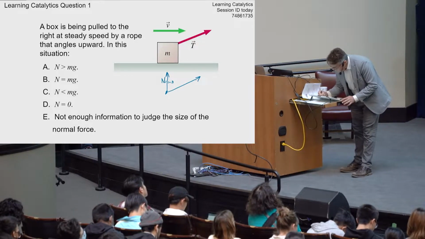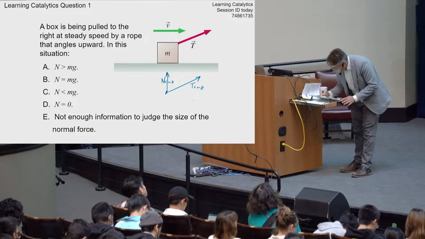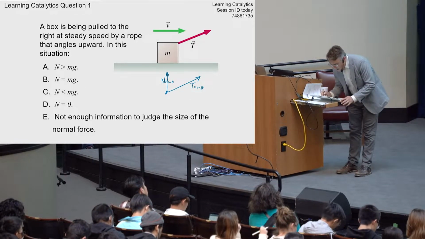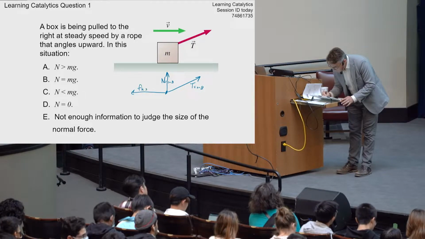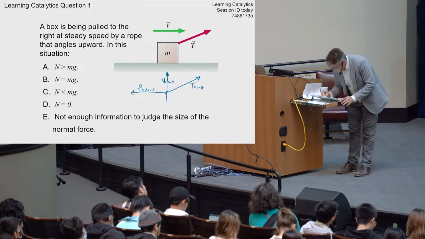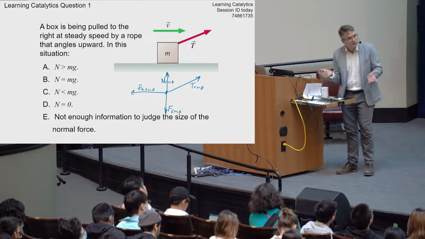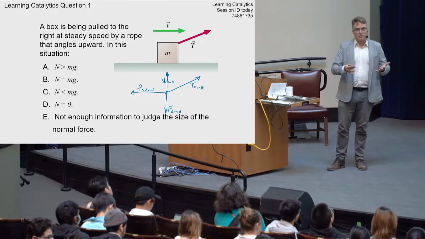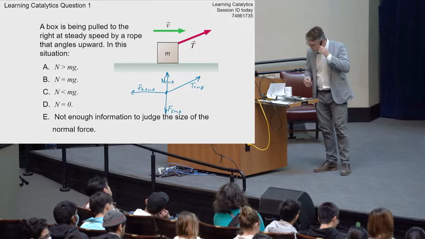The tension going up and to the right, which is the rope on the box, which would have components, a y component and an x component. There would be friction of the surface on the box, and there'd be the gravity of the Earth on the box. They're all on the box, which is good because you're drawing the force diagram of the box. So all these have to be external forces of some other object acting on the box.